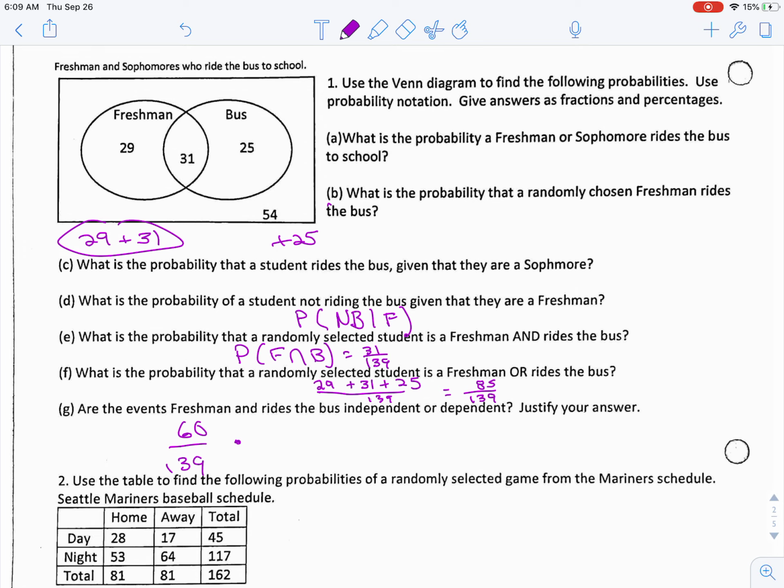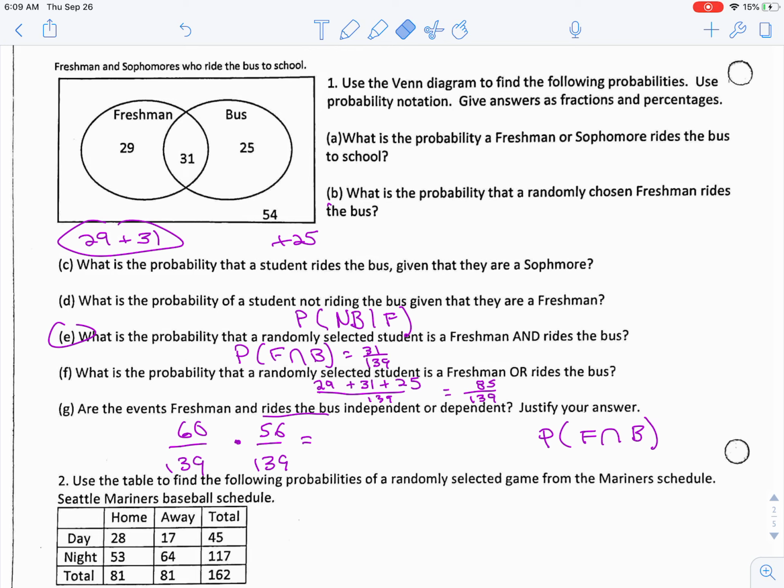And then my probability of riding the bus is 56 of 139. Now, when I multiply the probability of being a freshman times the probability of riding the bus, I should get the probability of freshman and riding the bus, or my answer for E, okay?